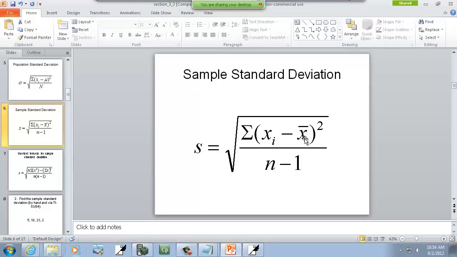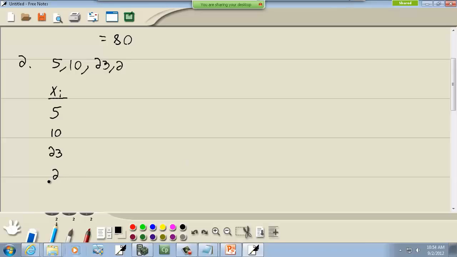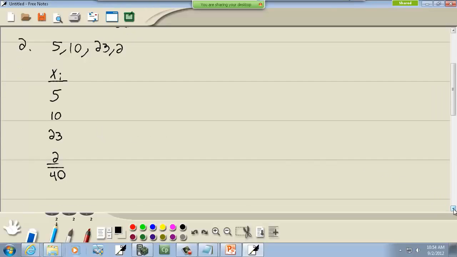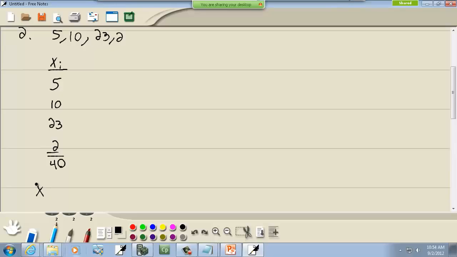Now we need x bar, so I'm going to add these together, and just so I don't have any screw ups, I'm going to do this 5 plus 10 plus 23 plus 2. That gives us 40. Okay, our x bar, we're going to take our 40, and we've got 4 data values, so we'll divide by 4. That gives us 10.